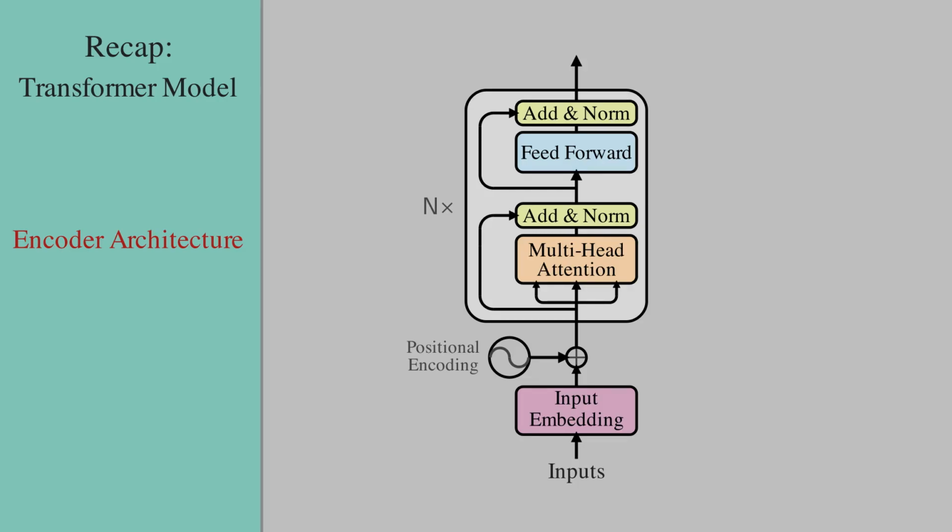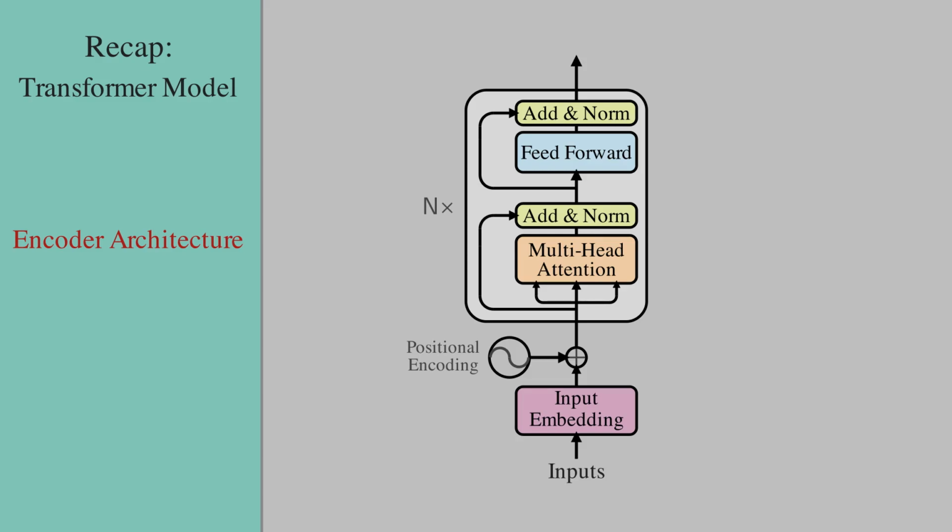For simplicity, we just consider the encoder part here, but please feel free to watch the previous video if you want to see the full detail. The diagram shown here is the encoder architecture, which receives the inputs as the sum of the token embeddings and the position embeddings. Then we have this repeating block, which is composed of two residual subnetworks.